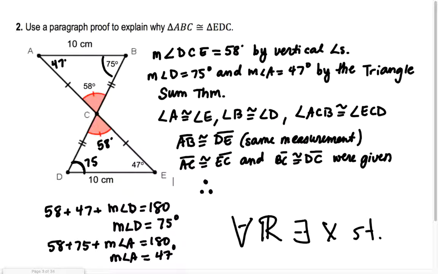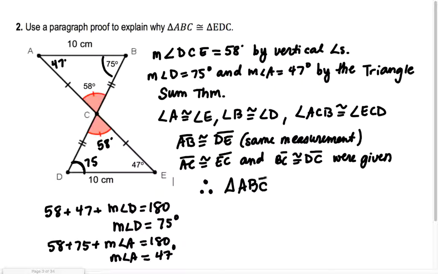Does that make your head hurt? Yeah, that reads, for all real numbers, there exists x such that. Yeah, so therefore, I think we can handle the therefore, the little dots. All right, so therefore, triangle ABC is indeed congruent to triangle EDC, and we're good.